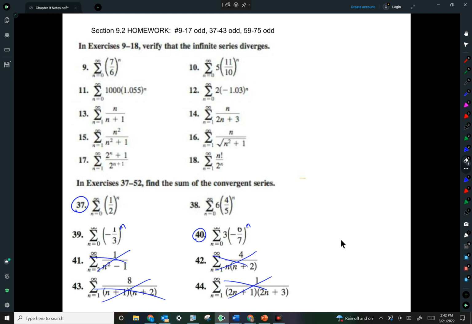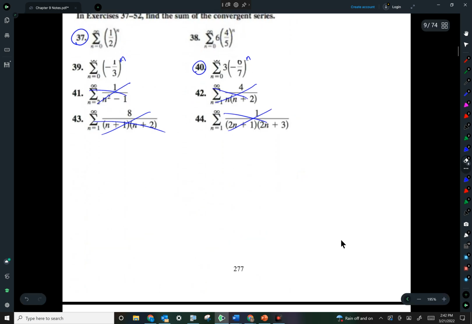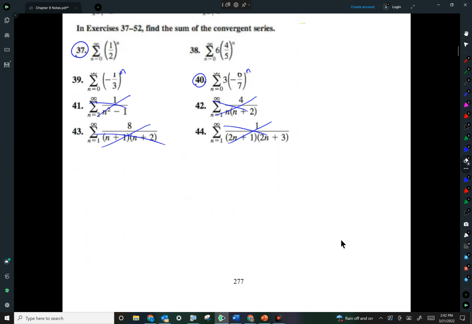Are we doing okay on 37 and 40? Just using the formula straight up.